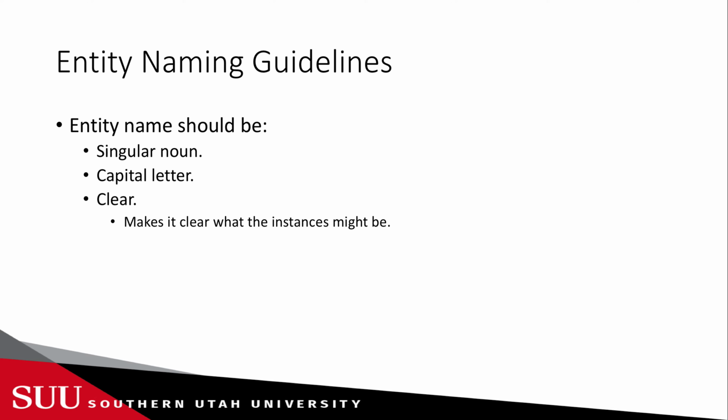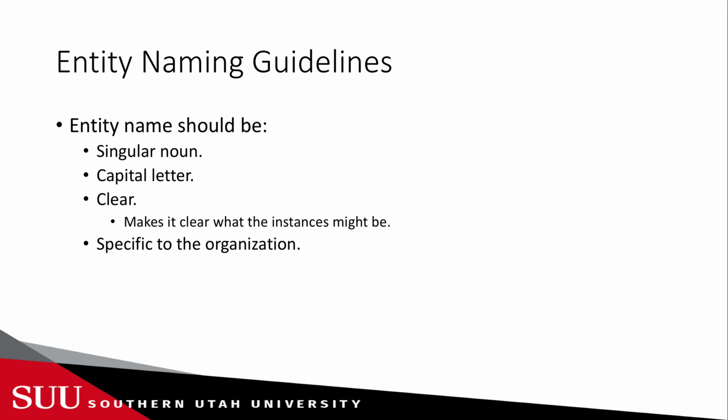It's possible to say the entity name is S, but then what would S mean? Is it students? Is it something else that starts with S? Is it something that doesn't have to start with an S? But if we say the entity name is student, by just reading the entity name, I can know what instances might be inside that entity.